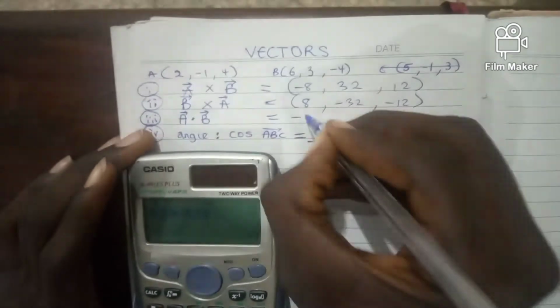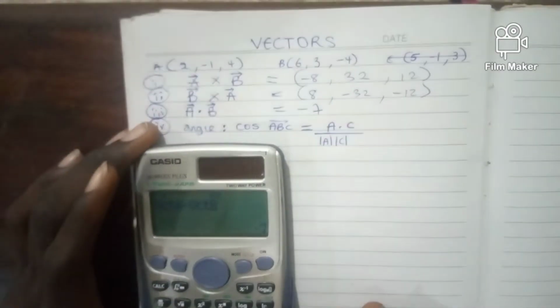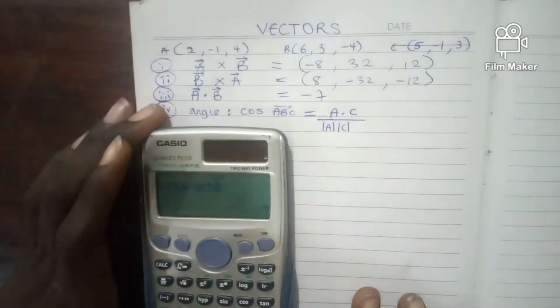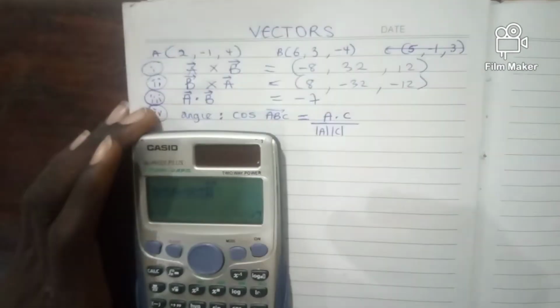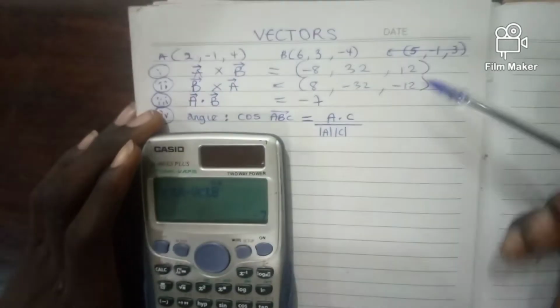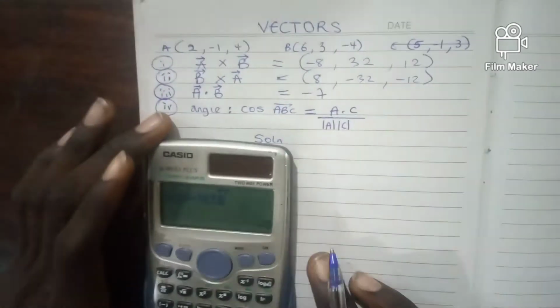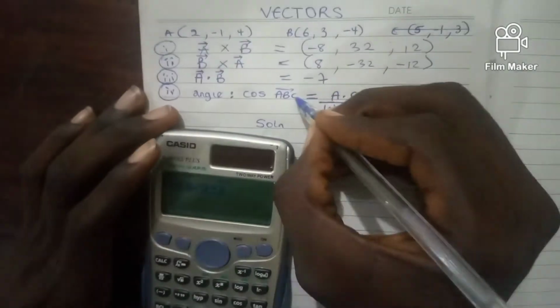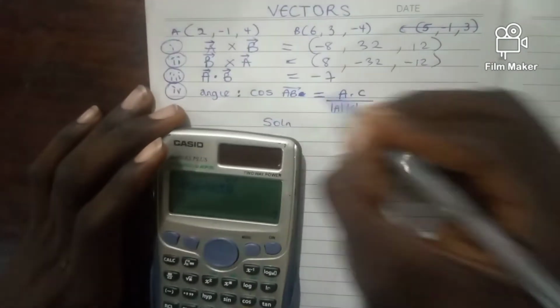This is equal to -7. The dot product of vector A and vector B is -7. When finding the dot product, you won't have any of these I, J, and K components.